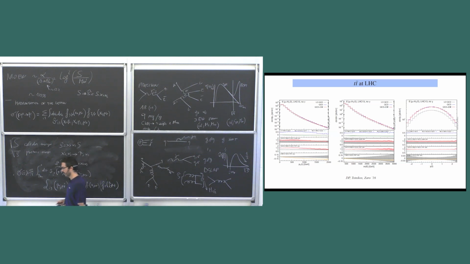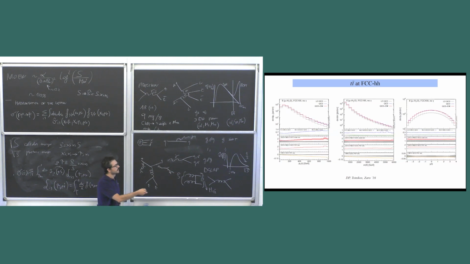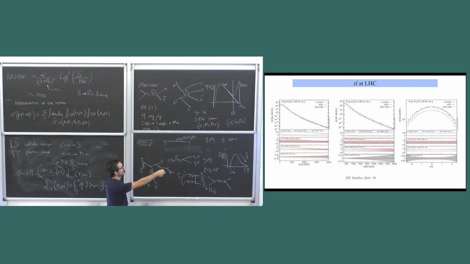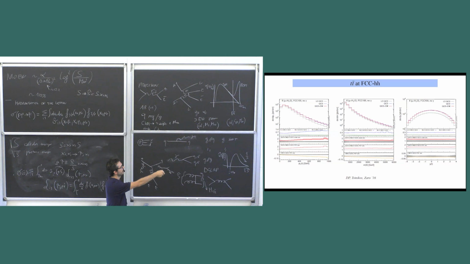So what happens if you say I go from 14 to 100 TeV? One would expect, okay, I go to a more energetic collider, so I will have more energetic top pairs. Well, no, because if you look at the distributions, they are practically the same. So what is happening here is actually the normalization. Here you have 10 to the 2, and now you have 10 to the 4.